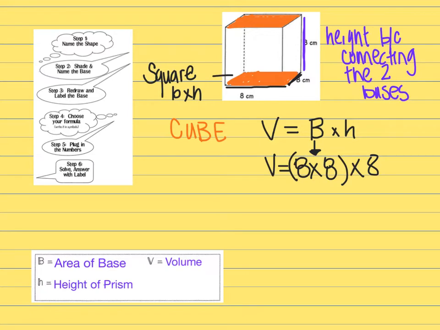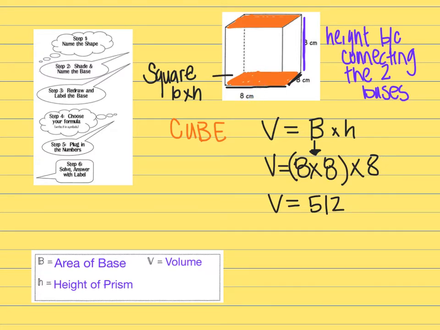I can now type this entire thing in my calculator, or if you want to do some mental math, 64 times 8 would also work. But when you type it completely in your calculator, you should get 512. The units for this figure were centimeters.